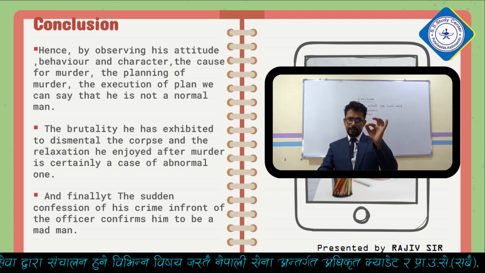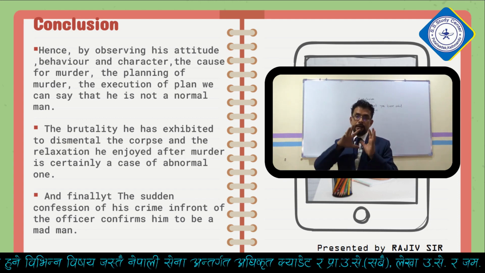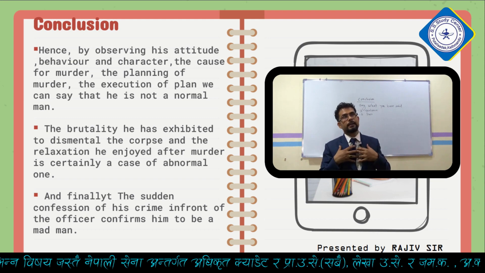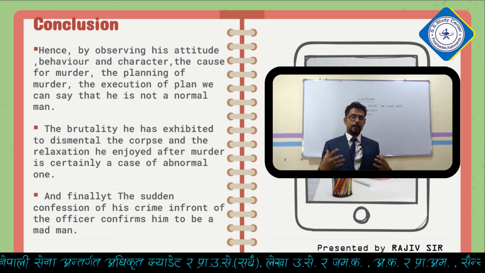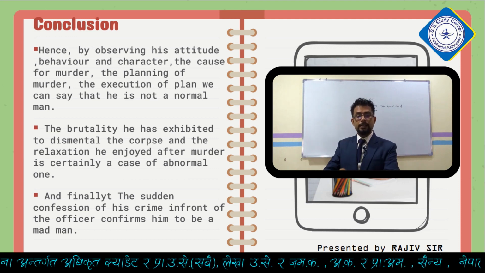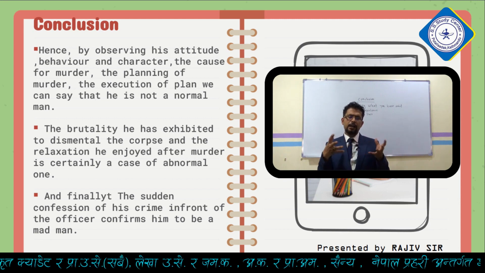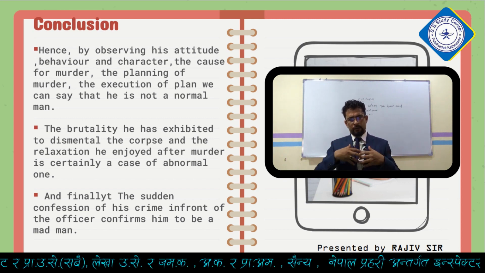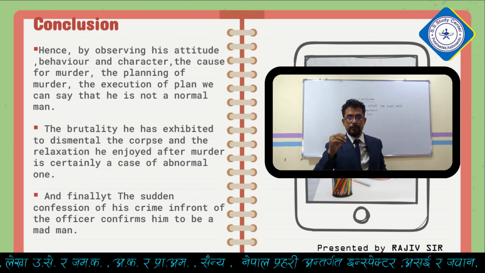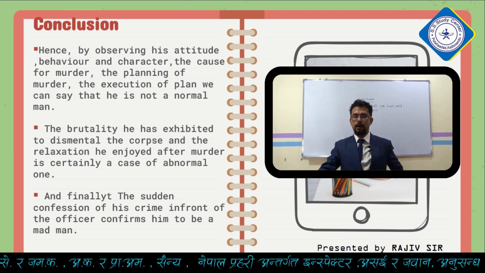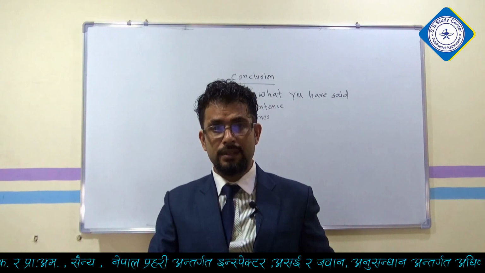The brutality he has exhibited to dismantle the crops, and the relaxation he enjoyed after murder is certainly a case of an abnormal one. And finally, the sudden confession of his crime in front of the police officer confirms him to be a madman. Full stop. How superbly you have written your conclusion, isn't it?